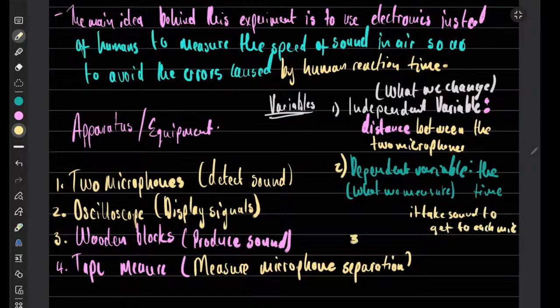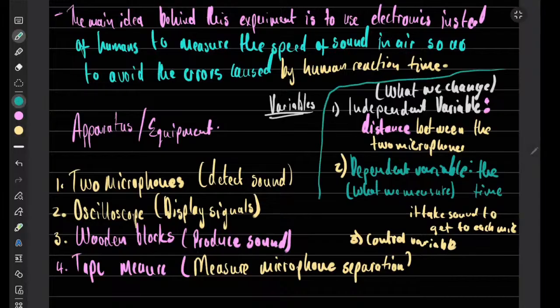Then the third is the control variable. What is a control variable? It is something we don't want to change. It's something which can change, but we should make sure we don't change it.